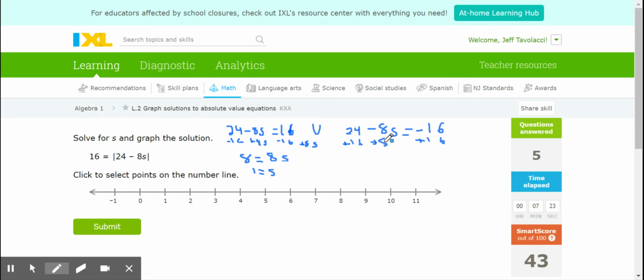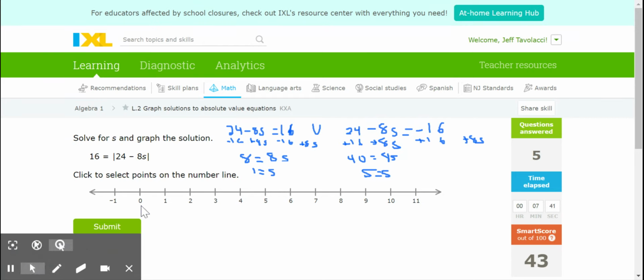Add 8s to both sides. And that is going to be 40 is equal to 8s. So 5 is going to be equal to s. My s's and 5's look identical. So we've got 1 and 5.